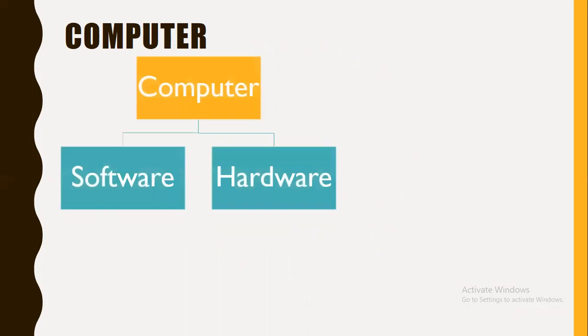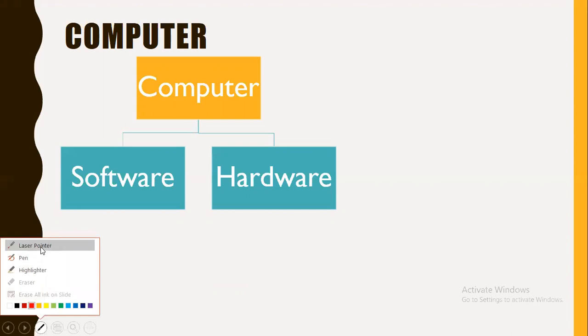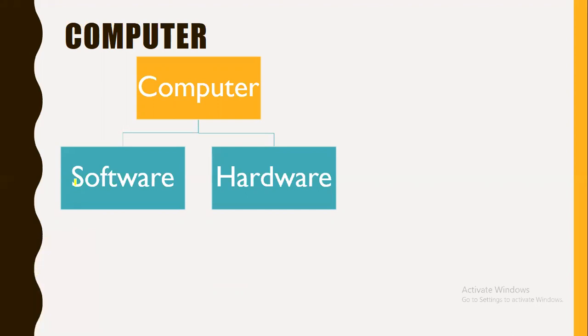First of all, let's revise some previous concepts. As we all know, a computer is an electronic machine which comprises two parts. These are software and the other is hardware.